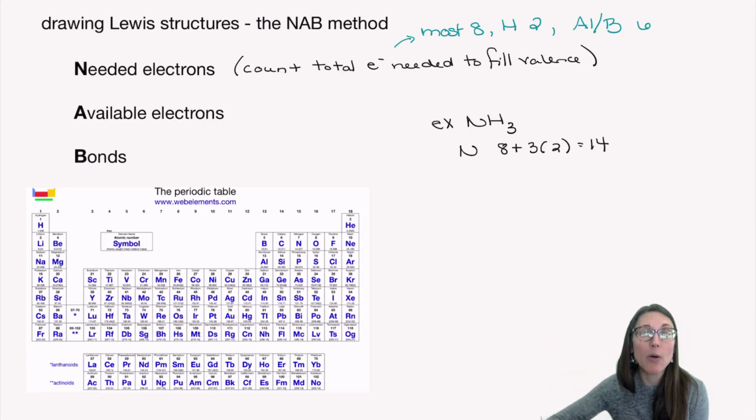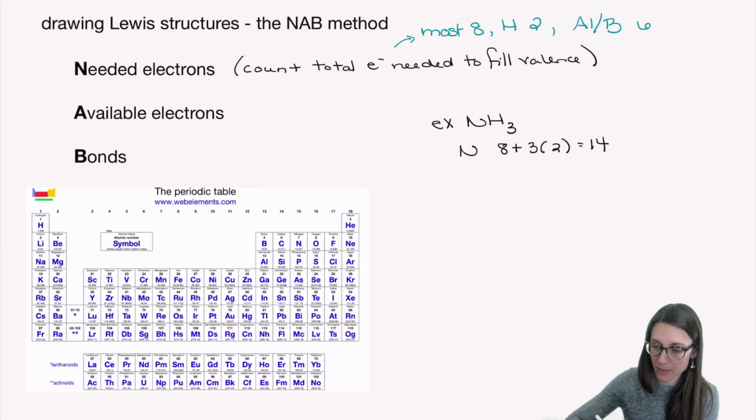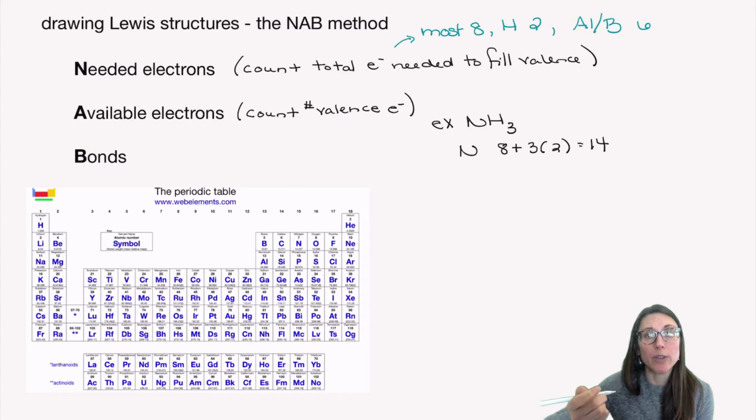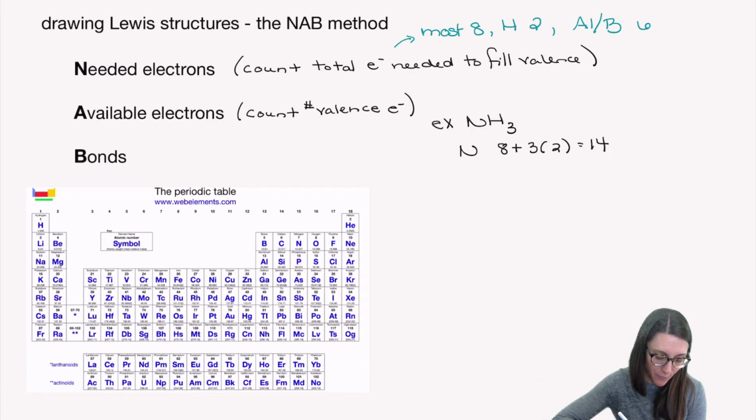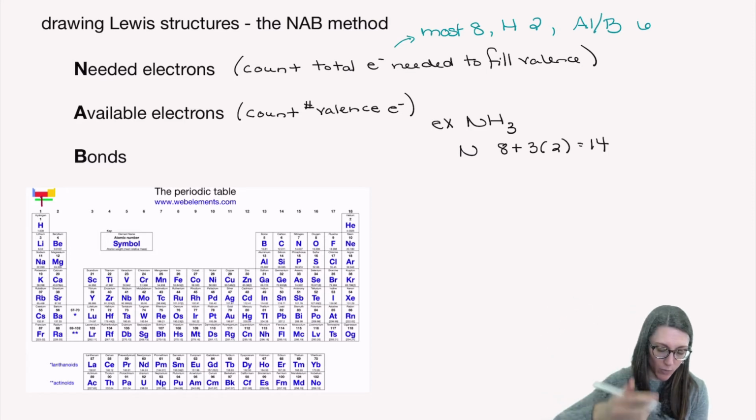Available. You're going to count the number of valence electrons you have, S and P electrons total in your atoms. How do you do this? Well, you look at the periodic table. Remember, that periodic table reflects our electron filling. And so everything in the first column here, group 1, those have 1 valence electron because they're 1s1, 2s1, 3s1, whatever.